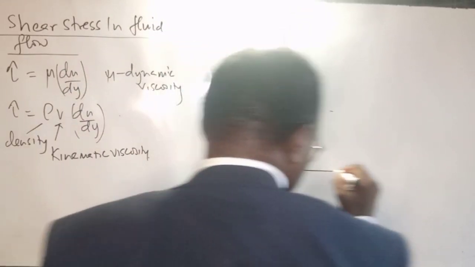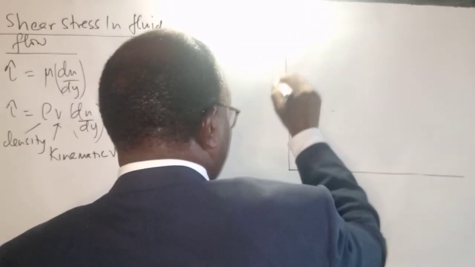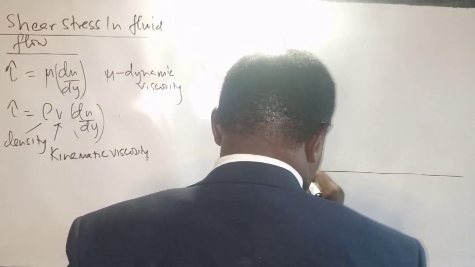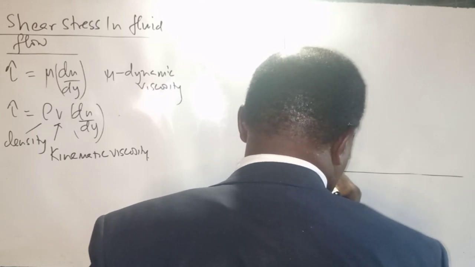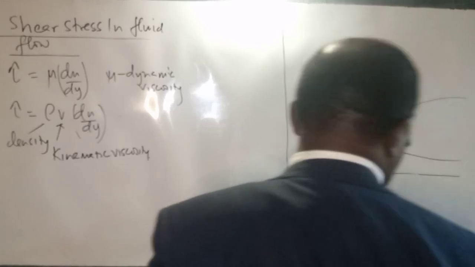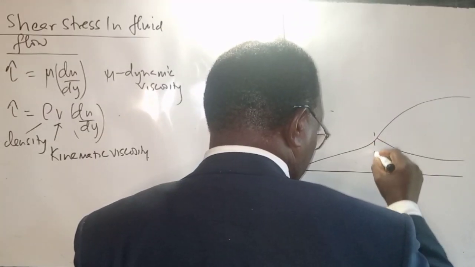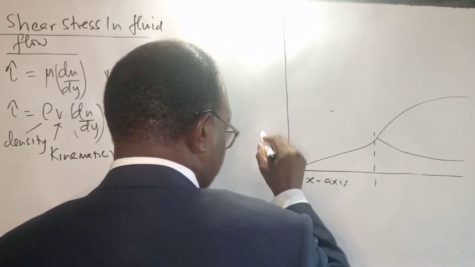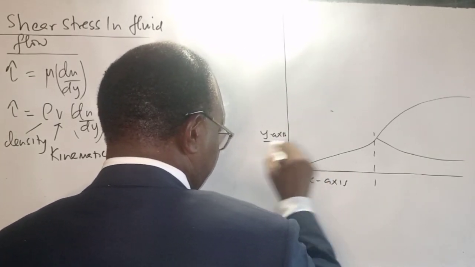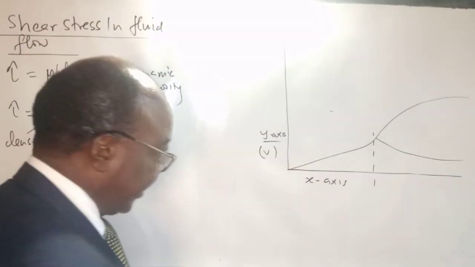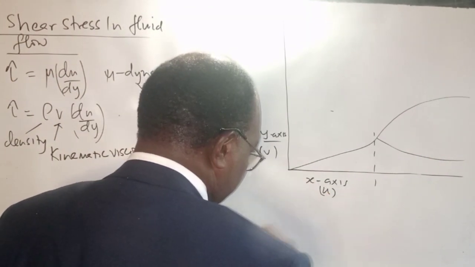So we resolve our velocity into two components. Let's say that in this region, that's the x-axis, that's the y-axis, and this y-axis we are associating with the velocity v, and the x-axis we are associating with the velocity u.